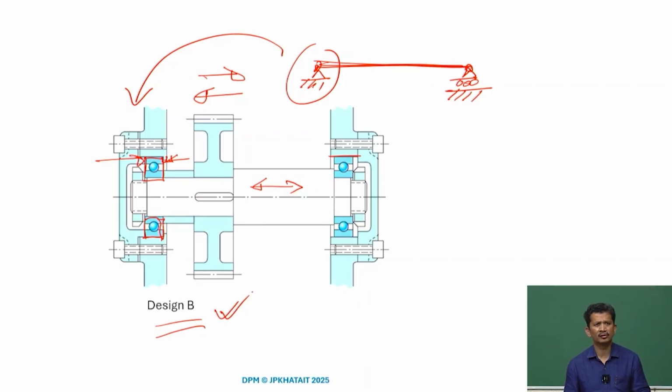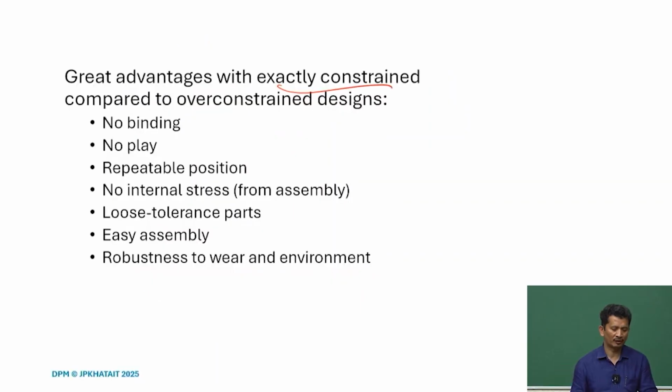This is what we mean when we talk about over constraint, and when we talk about adjustment, these are the kind of DOF, degrees of freedom, we are talking about. If we have an exactly constrained design, we will address a lot of issues we usually have with an over constrained design.